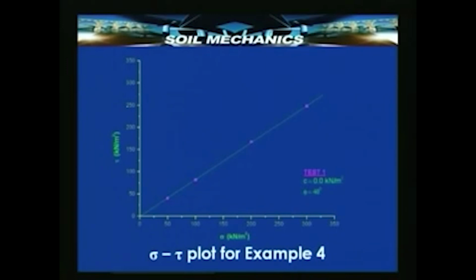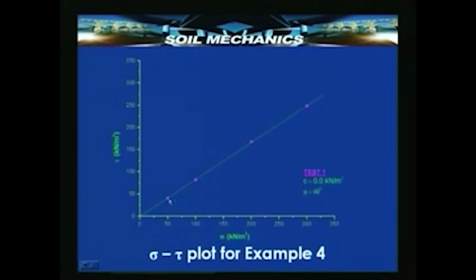So, the sigma tau plot, as it is called, for this example would be like this. You take these normal stresses 50, 100, 200 and 300. They are all plotted to some convenient scale. To the same scale, remember, to the same scale, the shear stress values are also plotted 0, 50, 100 and so on, and these 4 points corresponding to the 4 different tests are plotted like this.